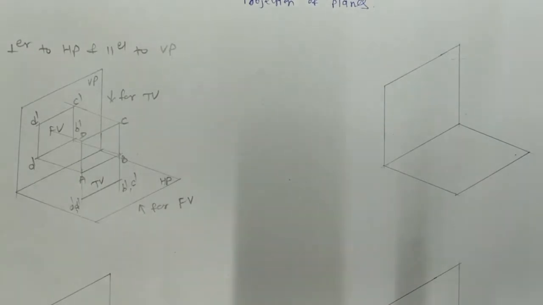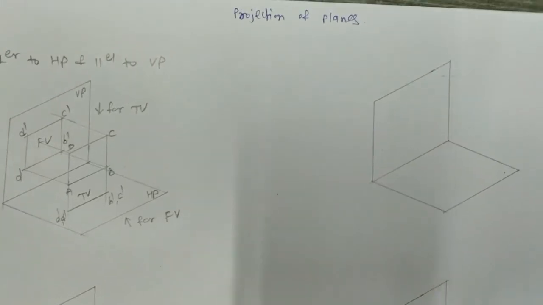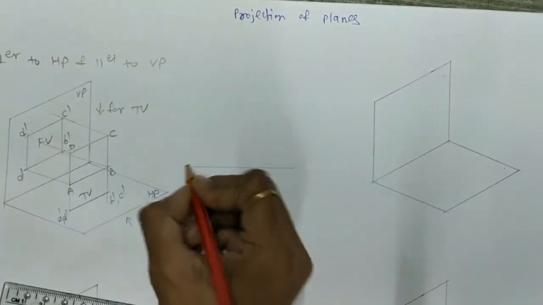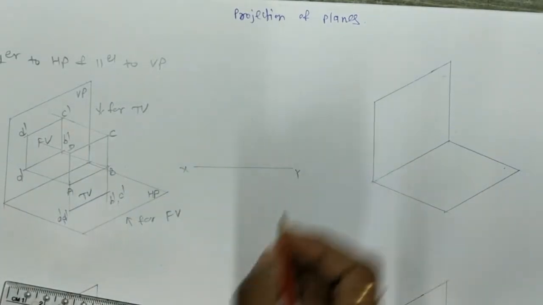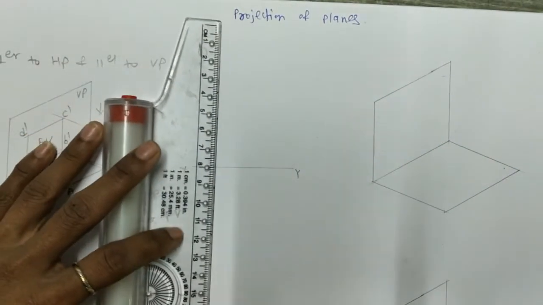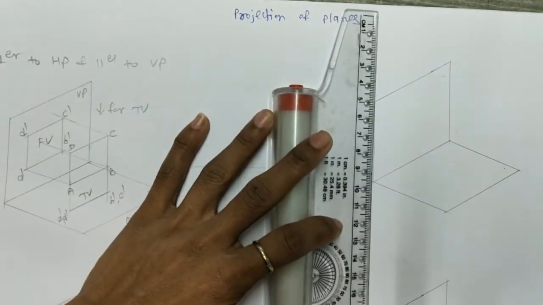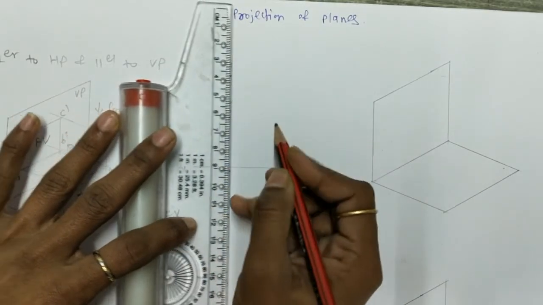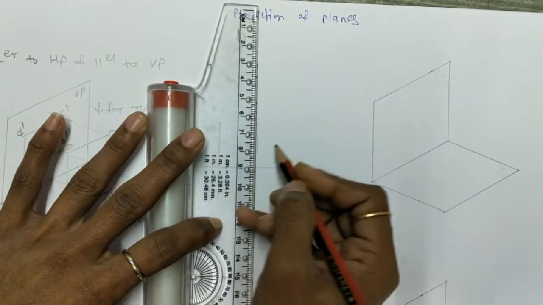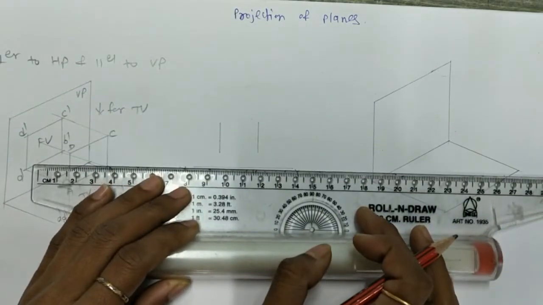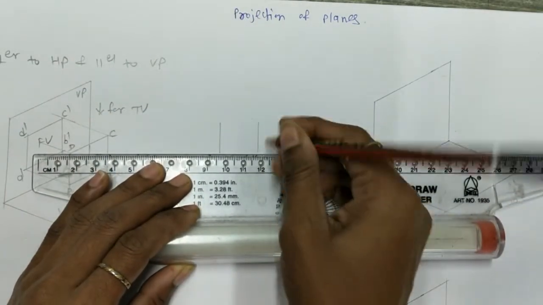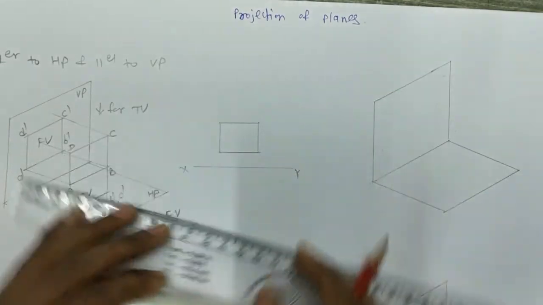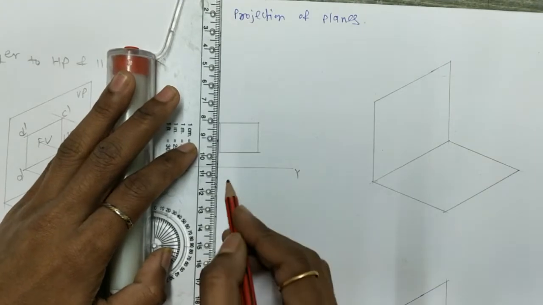Now we will draw separately front view and top view. So for this, draw horizontal line X, Y, and here we will draw rectangle here. And for top view, we will take projection.